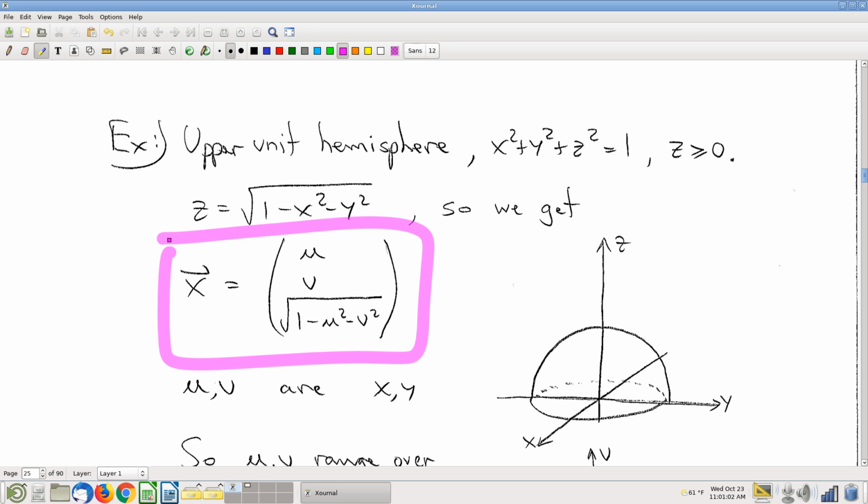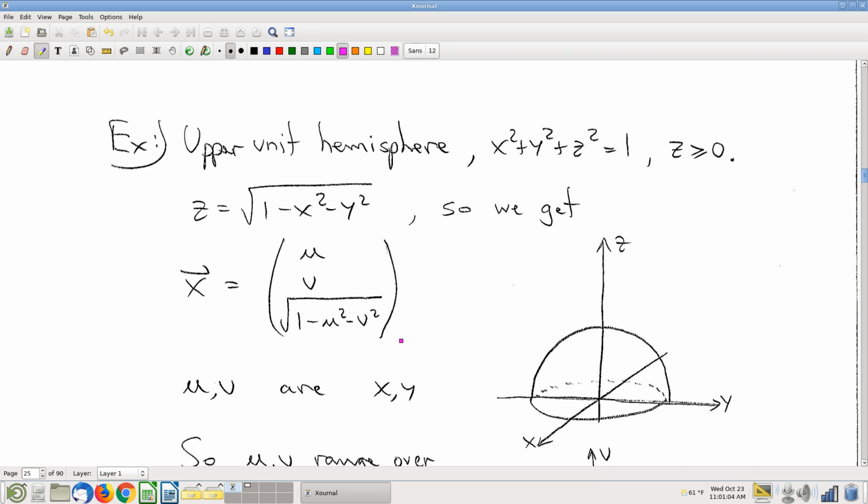Okay. What's the range of values now? If we were, for example, computing the mass on this hemisphere, what's the corresponding range of my pullback domain in the UV plane?